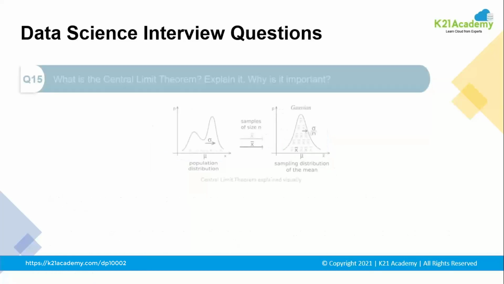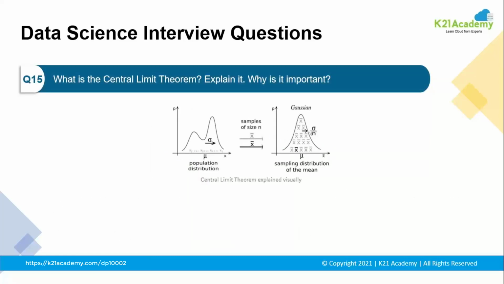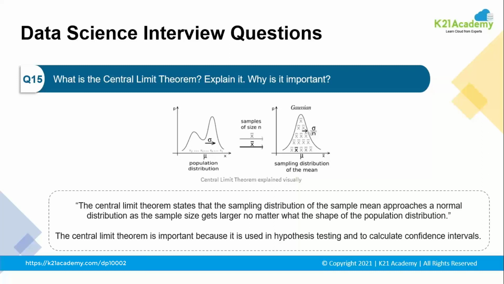Moving on to the next question, what is the central limit theorem and why is it important? I'm pretty sure the central limit theorem is something that we all have studied in high school, right? So let's see what exactly the central limit theorem is. The central limit theorem states that the sampling distribution of the sample mean approaches a normal distribution as the sample size gets larger, no matter what the shape of the population distribution is.